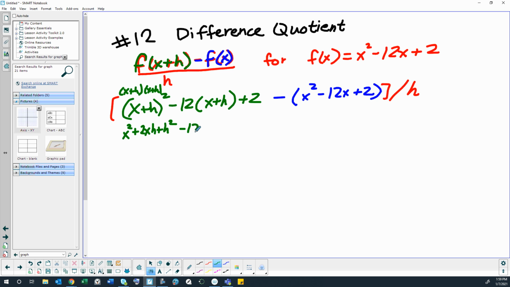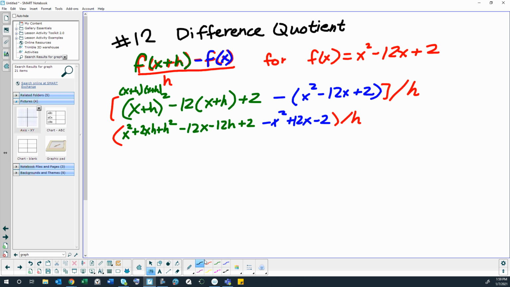Then we have negative 12 times x and negative 12 times h, and then a positive 2. Then this subtraction is going to affect all of the signs in our function. So that'll change to a negative x squared, positive 12x, and a negative 2. And then again, this whole thing is divided by h, and we're going to ignore that till later.